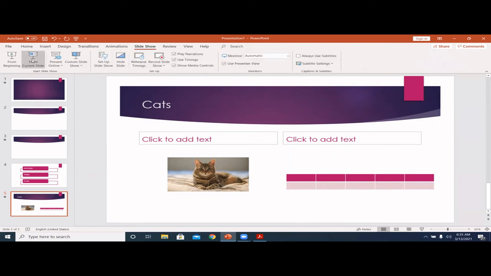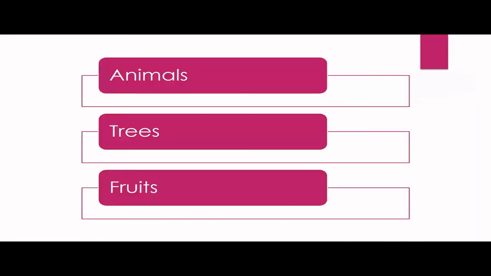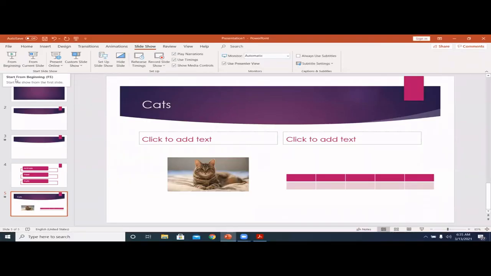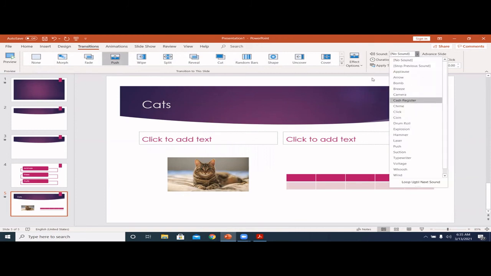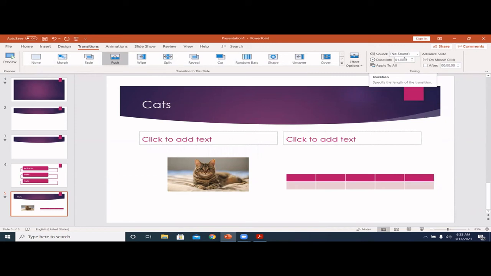So if you see the slideshow from the beginning, see how the slides are coming. See, different transitions like that you can add. So when you are moving on the slides, you can do different transitions, right? So that is about transitions, right? Timing and sounds, those things also you can add, right? With the transition, you can give a sound like this, different sounds. Or for the transition, you can give some time also.